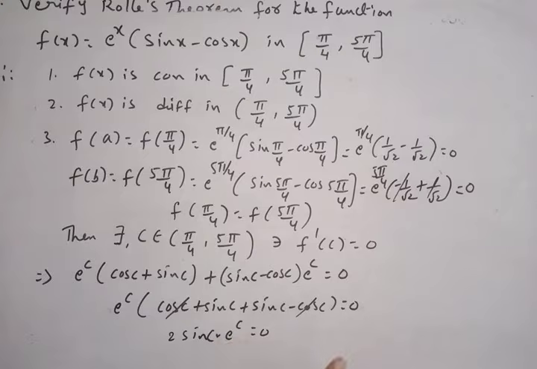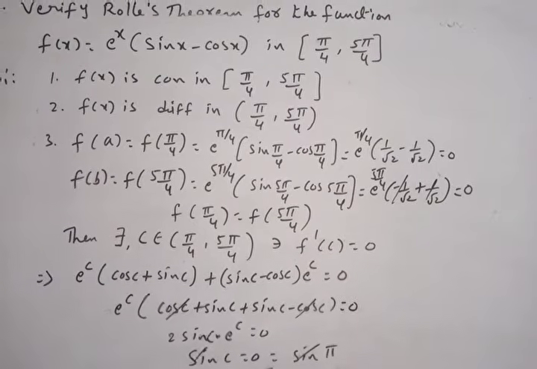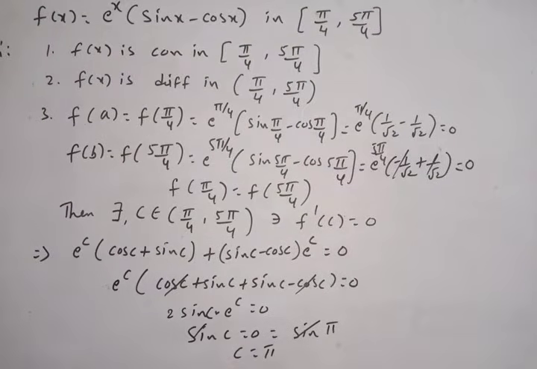So cross multiply, sin c is equal to 0. When it is 0, sin pi, c is equal to pi. Sin 180 is 0, no? So c is equal to pi belongs to pi by 4 comma 5 pi by 4. Like this, you need to solve this problem.